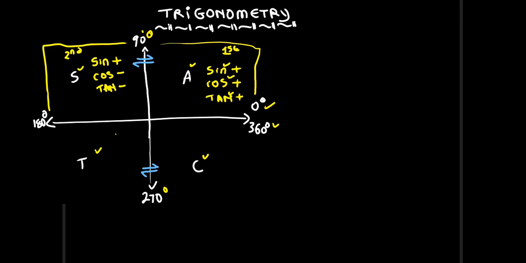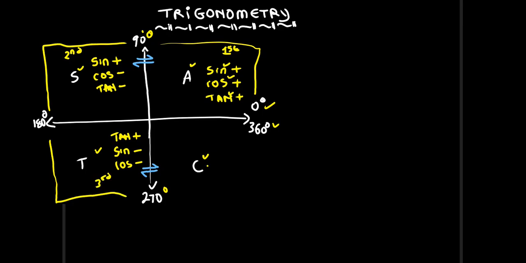Okay, and then this T here, it means what? Only tan is positive. Sine and cos are negative. Where? In the third quadrant.